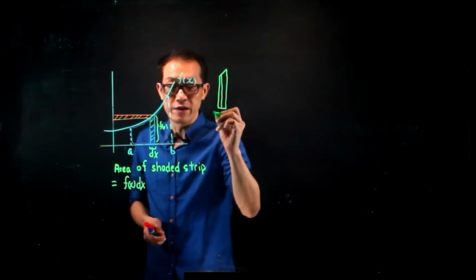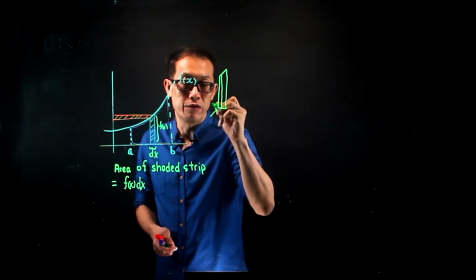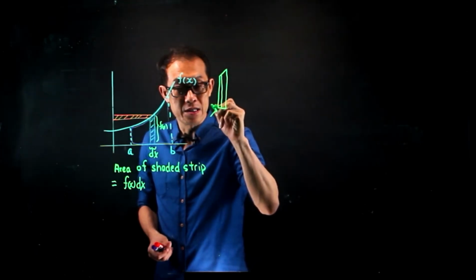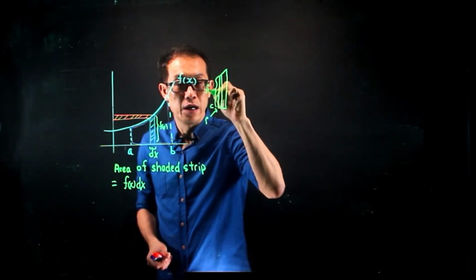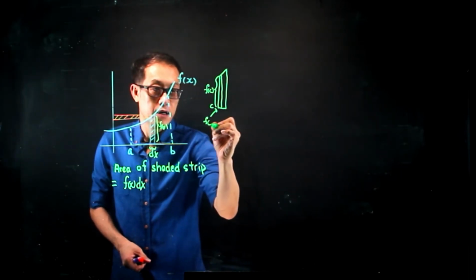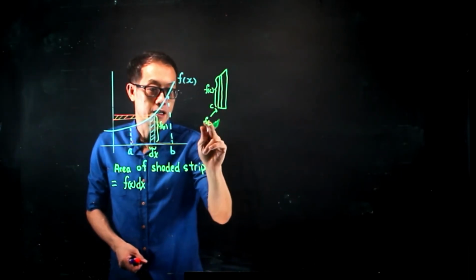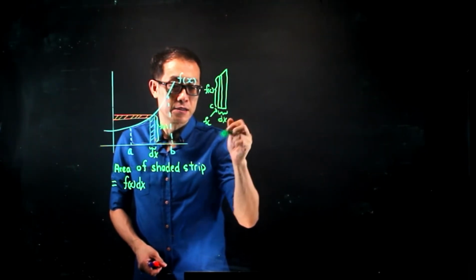Whatever f takes, let's say f takes the value of c, then this height here will be f of c, and this part here will be dx.